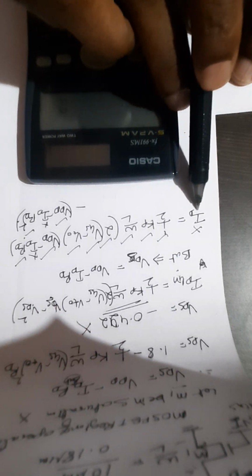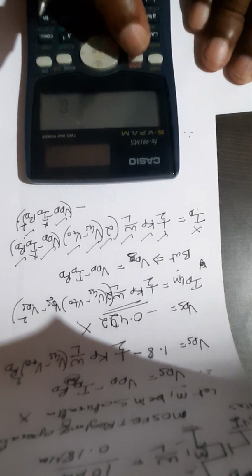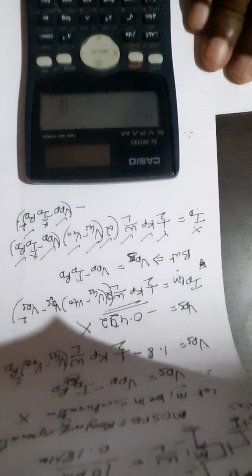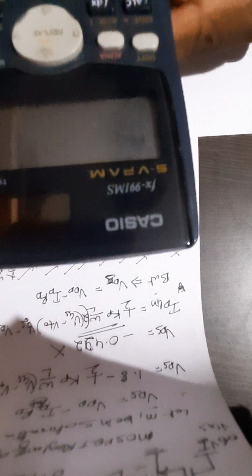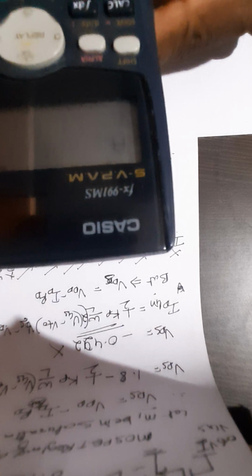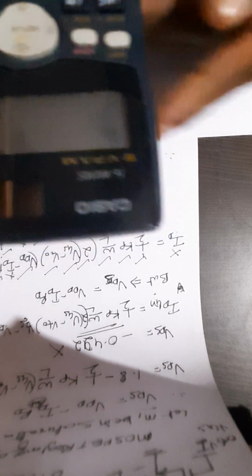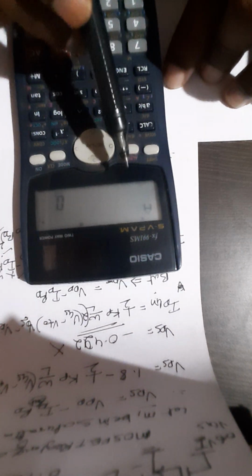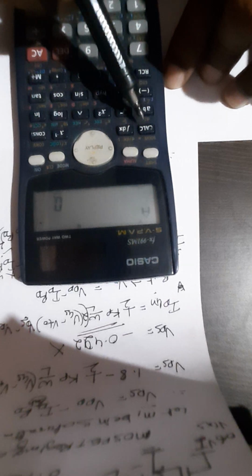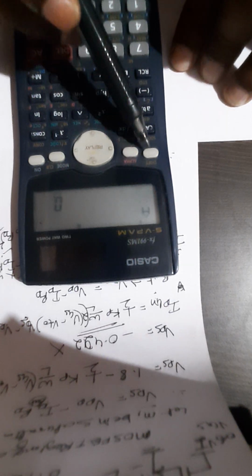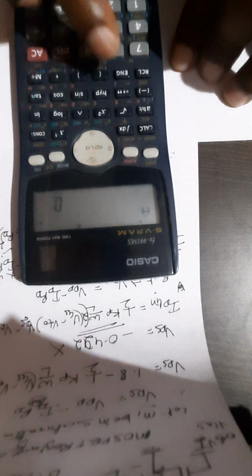Since it's an unknown parameter, let me enter it as alpha A. If you can see here, I'm using a calculator which is fx-991MS. So I have entered alpha A because current ID is the unknown parameter.